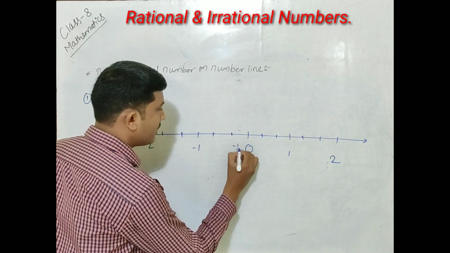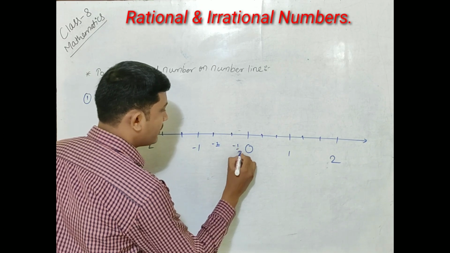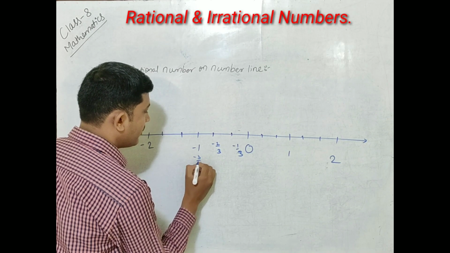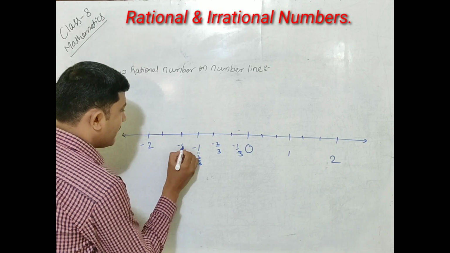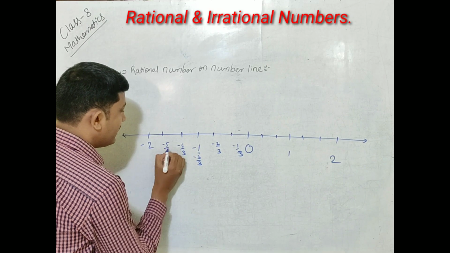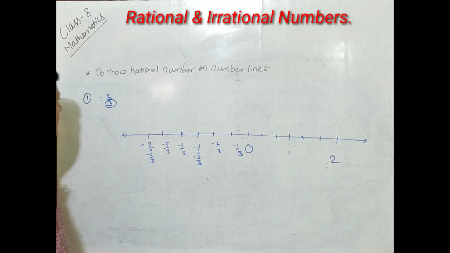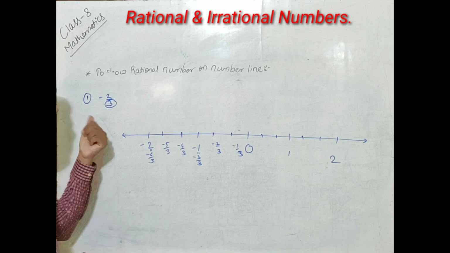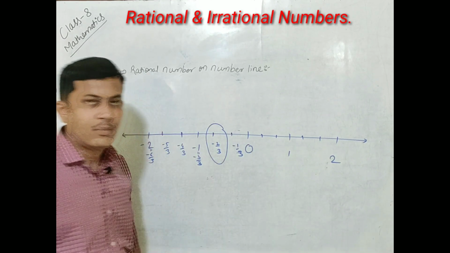Here it will be minus 1 upon 3, minus 2 upon 3 and minus 3 upon 3, which is equal to what? Minus 1. Again minus 4 upon 3, minus 5 upon 3, minus 6 upon 3, which is equal to what? Minus 2. Then what we have to plot here? Minus 2 upon 3. Then second point to the left side, it will be here, minus 2 upon 3.